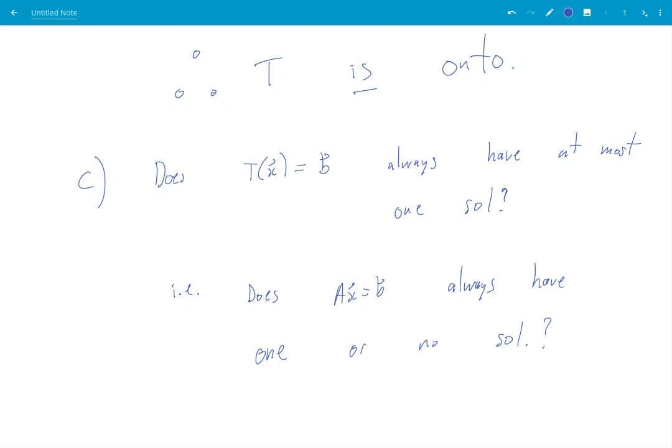And the answer here is no, because there's a free variable, right?